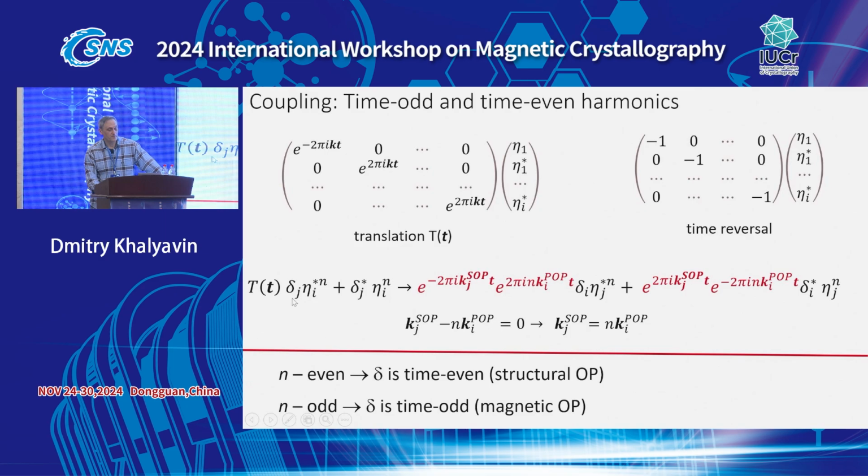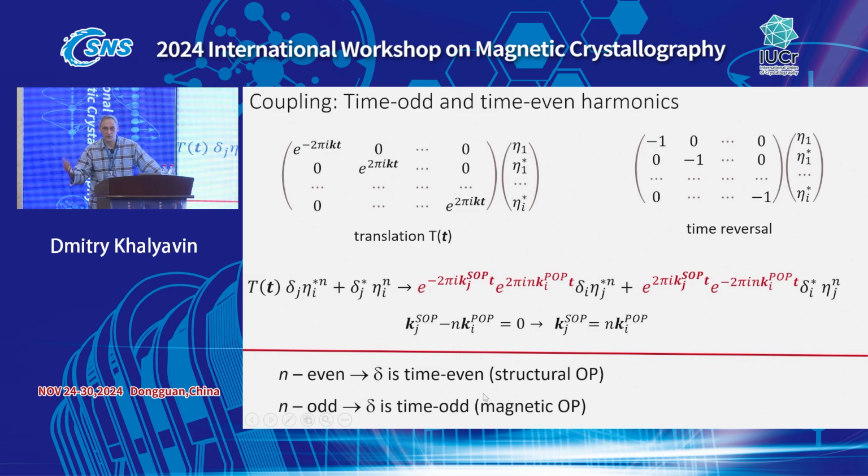So for instance, if our primary order parameter is magnetic, so time odd, then if n is an odd number, it implies that delta, our secondary order parameter, must also be time odd in order to keep an even power for the entire invariant. And opposite, if n is an even number, then delta can be even as well, can be a structural distortion. That gives us a famous condition: n even, delta, our harmonic, is time even.